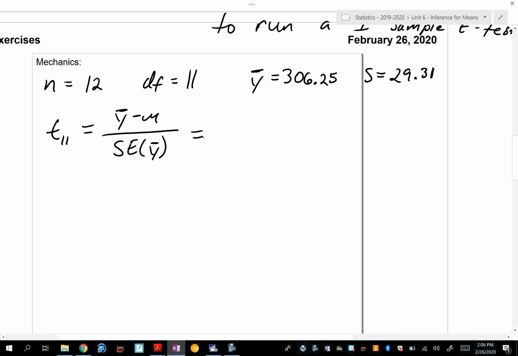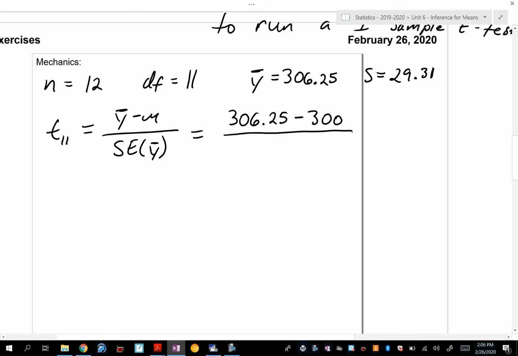Equals. So my Y bar is 306.25 minus. Do you remember what my mu is? What do I think right now is the best idea for the average lifespan? 300 minutes. Very good. Always go back to your null hypothesis.